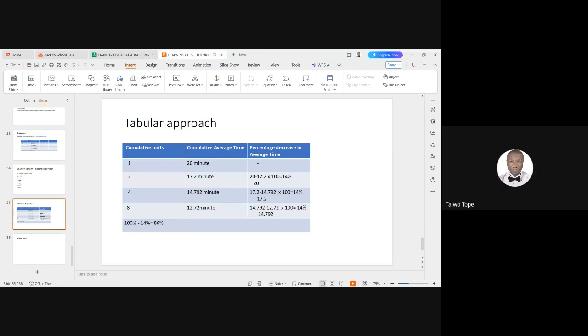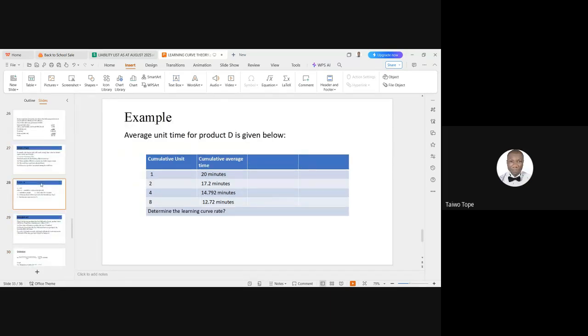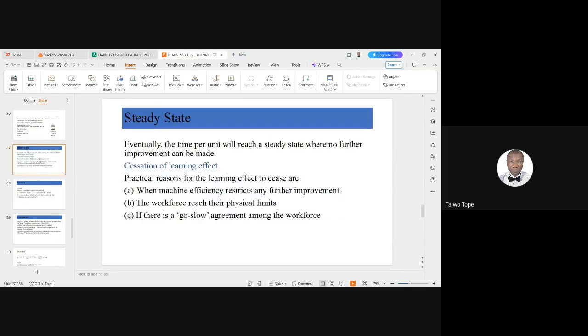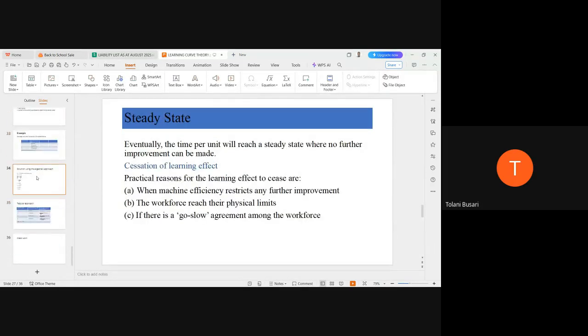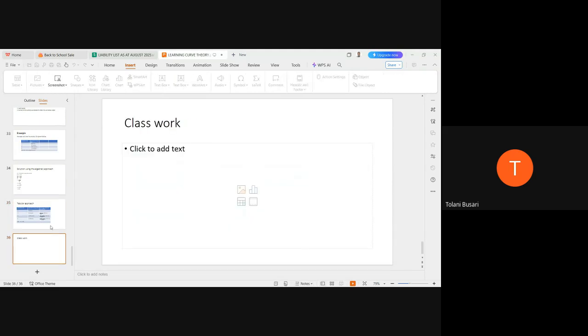Yes, you see it now. So if you keep applying 86% on each of these cumulative, you keep seeing the reduction. So that is what happened here. Is that fine, ma'am? It's clear.